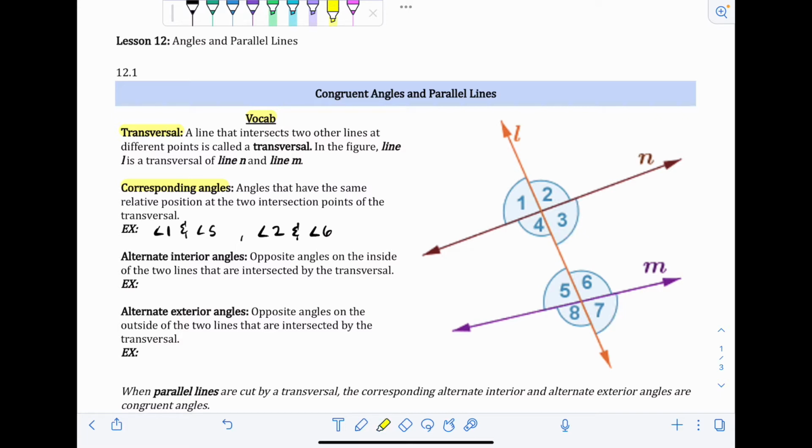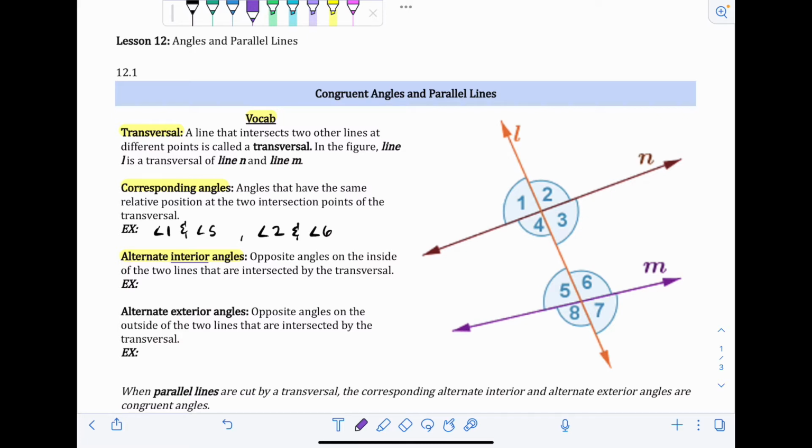The next couple definitions, we're really going to have to dissect word for word. So alternate interior angles. The first word, interior, means inside. And alternate means switching sides. The definition is opposite angles on the inside of the two lines that are intersected by the transversal.